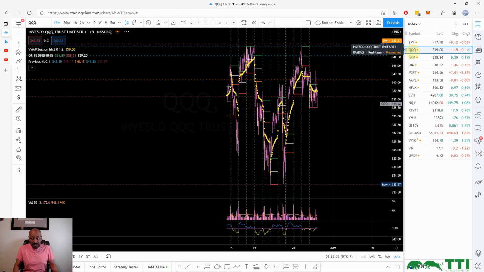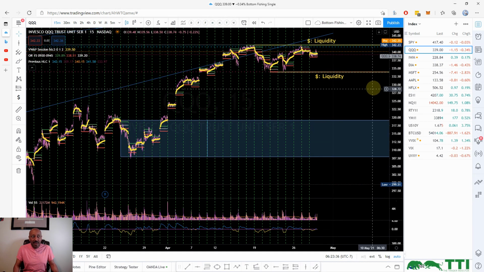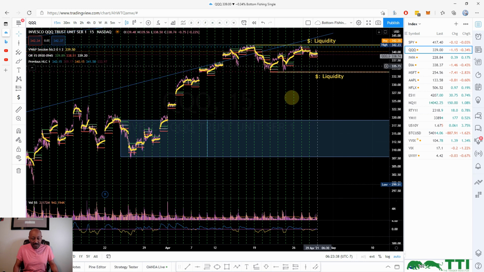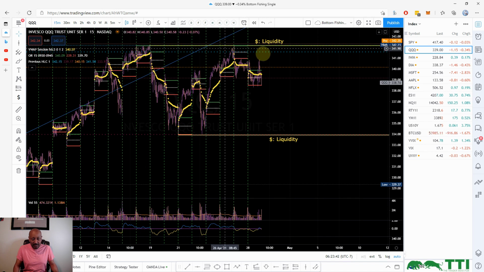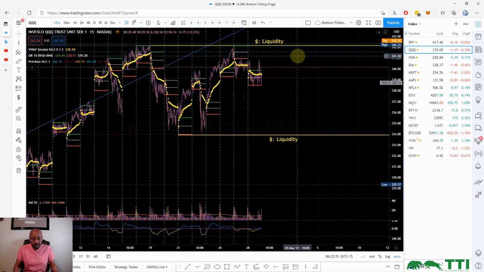With Qs, I just want to remind you one more time, be careful of this liquidity. This has been an area where shorts were successful, where longs were not put in the game.